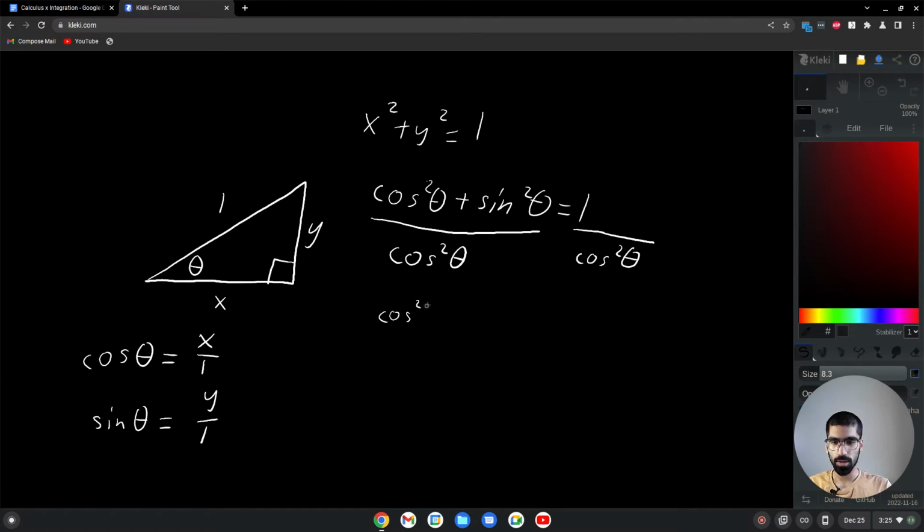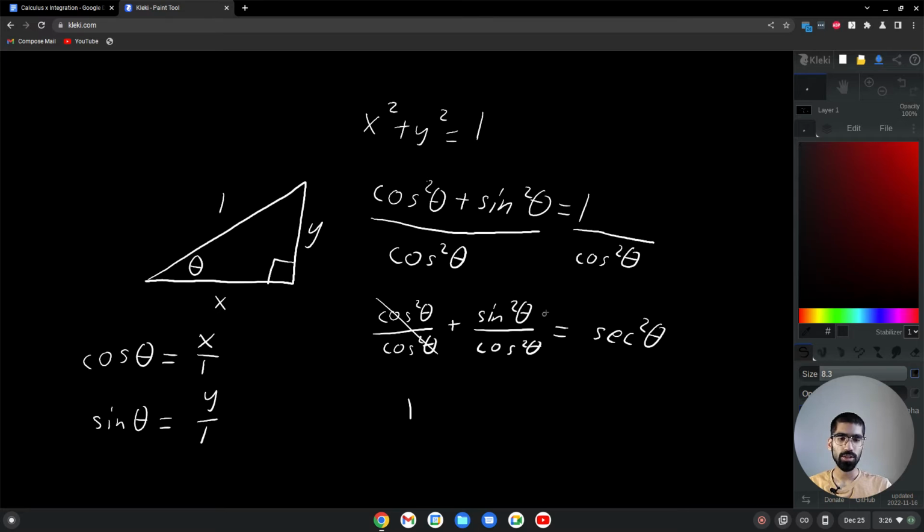Cos squared theta over cos squared theta plus sine squared theta over cos squared theta. And over here, 1 over cos squared theta, I'm just going to write that as its inverse, which is secant squared. There we are. This cancels out to be 1.